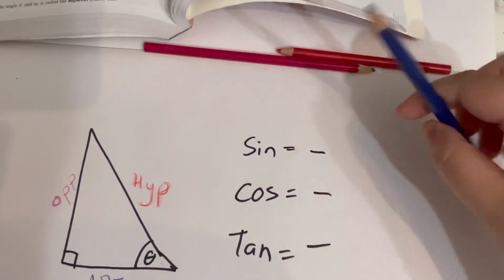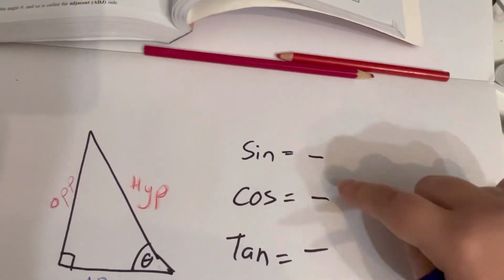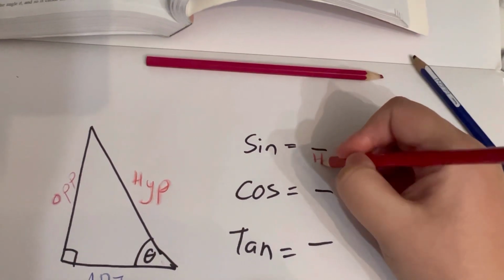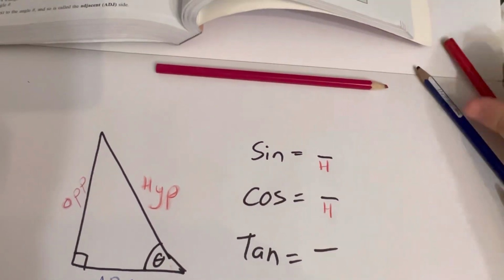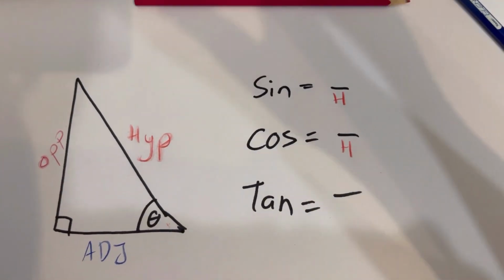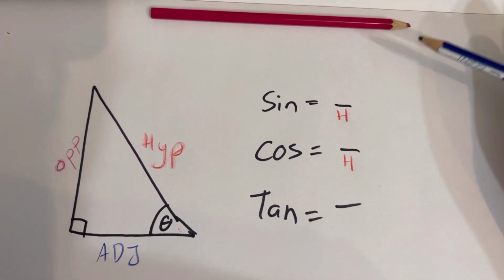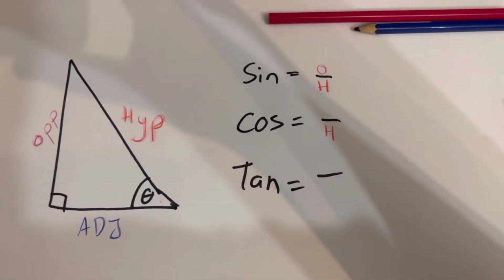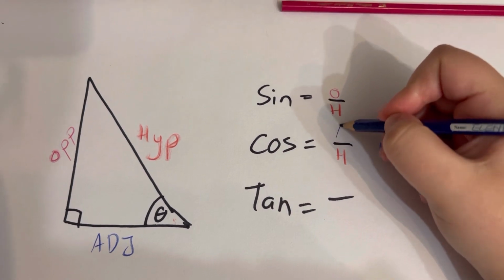So, for cos and sine, it's both over the hypotenuse, that's in our red here, h and h, right? Now, sine is opposite over hypotenuse, so opposite in our pink, opposite over hypotenuse, and cos is adjacent over hypotenuse, that's our A.